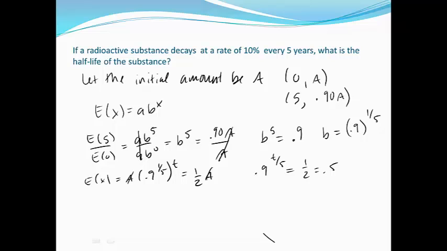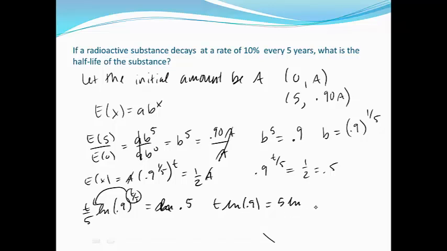So I'll take the natural log of both sides. I can bring the t over 5 down, in which case I'll multiply both sides by 5. I'll get t equal to 5 natural log of 0.5 divided by natural log of 0.9.